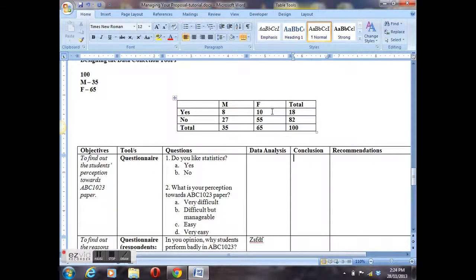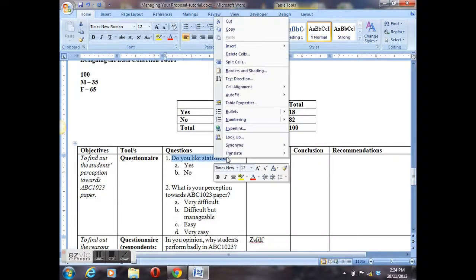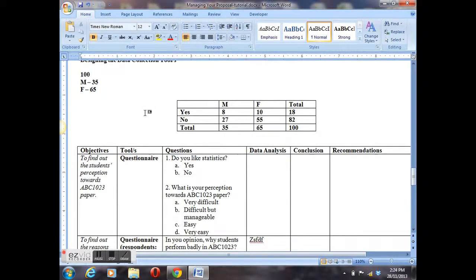We have the numbers now. First, we can see from the total overall, 18 respondents said that they like statistics. This is the question: do you like statistics?